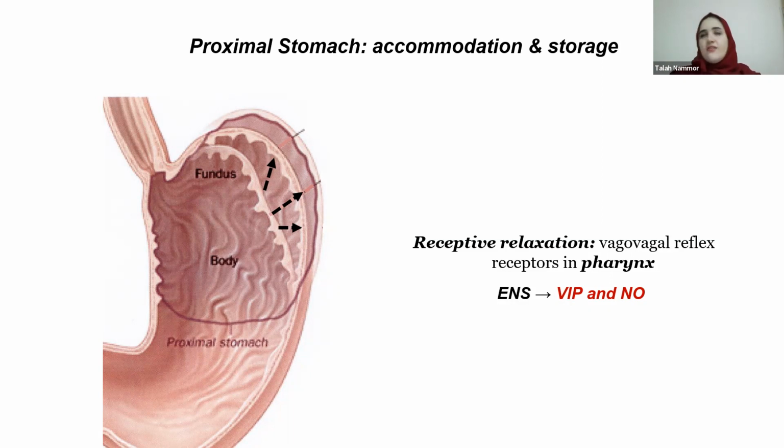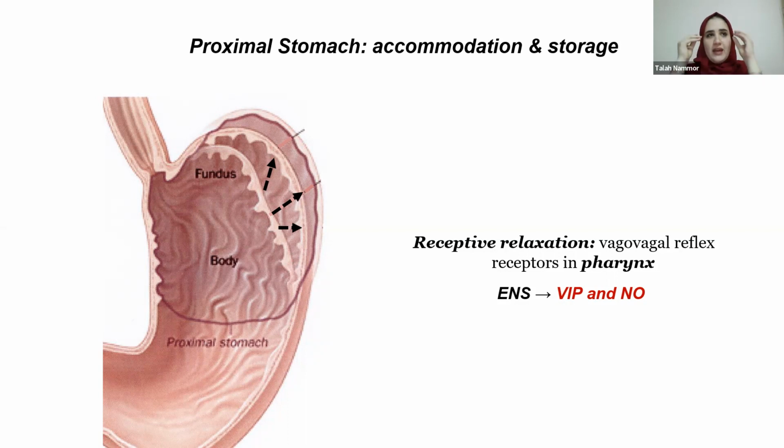vagal nerve. So we have a vagal reflex, and in here the pharynx is full. It's not here, but guys imagine it. So it will send signals all the way down here to relax. Of course, relaxation is part of an inhibitory type of movement.